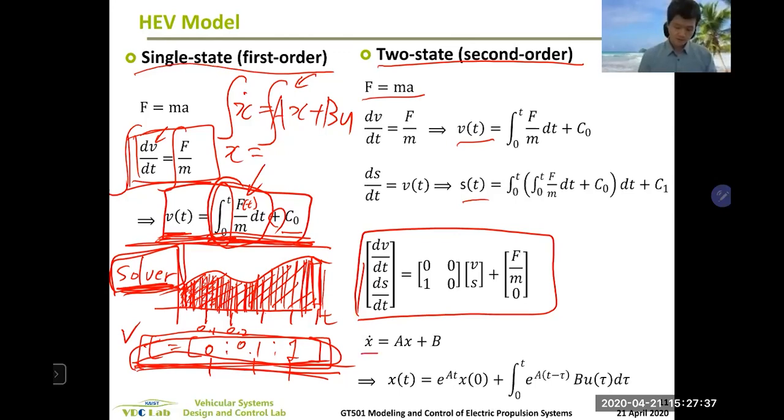And then we can set it up like this and then solve for x, right? And if you put this into Matlab, it will solve x for you using solver.